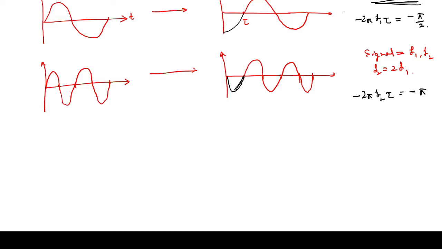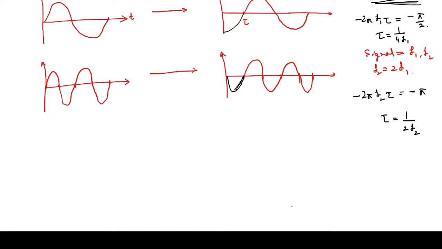So from here if you try to find out tau, for the first case it would be 1 by 4 of f1, and in the second case it would be equal to, pi cut here, 1 by 2 of f2.